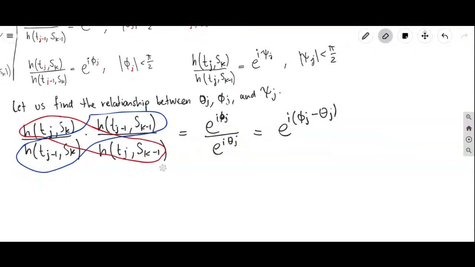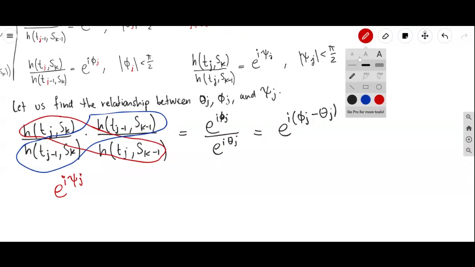If you pair the red ones together, this is exactly that, right? You end up with e to the i phi j. And if you pair the blue ones together, you get exactly the same thing, but instead of j, you have j minus 1. That's the change that occurs. So that would be divided by e to the i theta j minus 1.